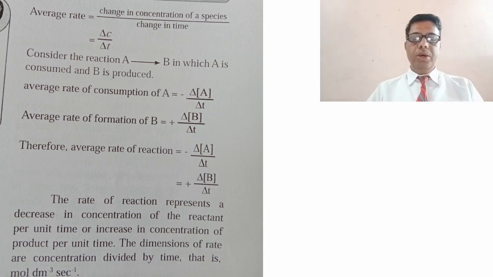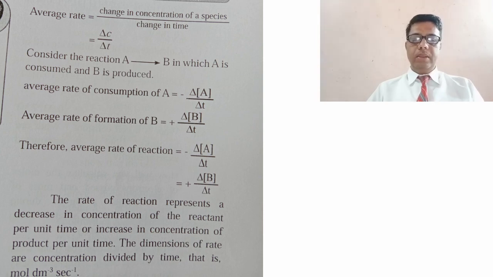And second, the positive sign shows the increase in concentration of product per unit time. As the reaction goes on, as time passes, there is a formation of product, so the concentration of product goes on increasing. These are the meanings of the minus and plus signs.